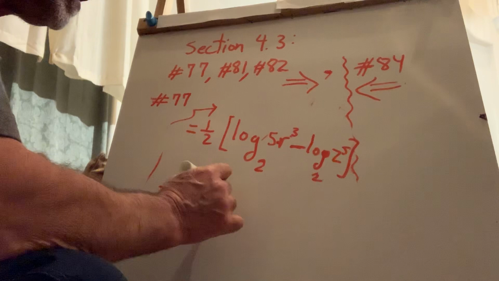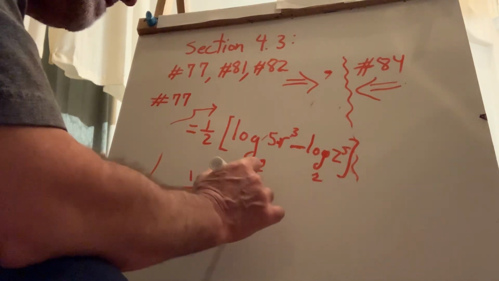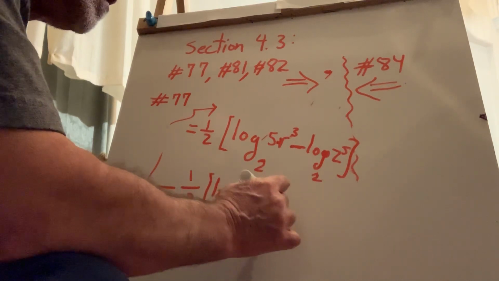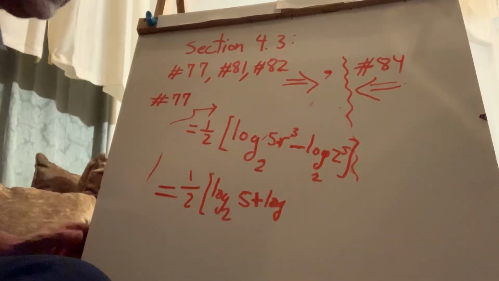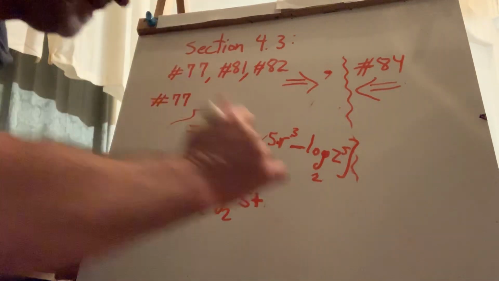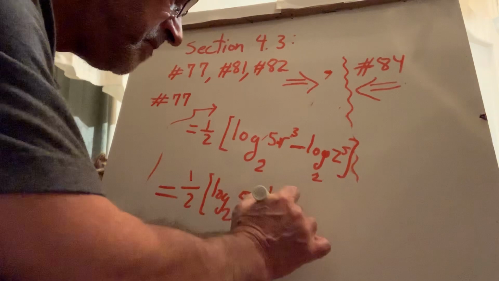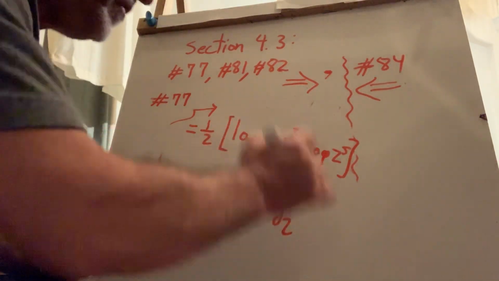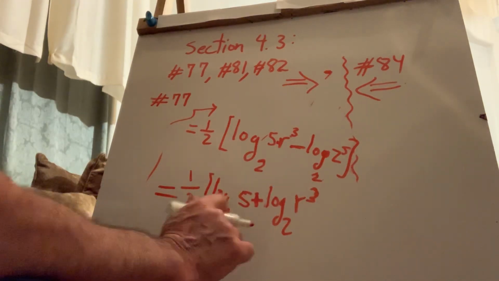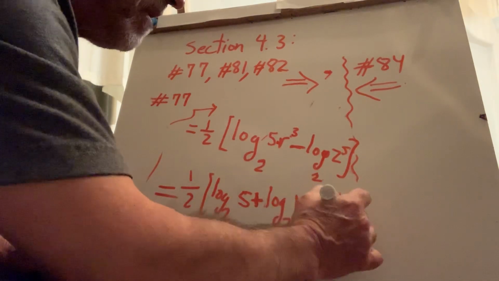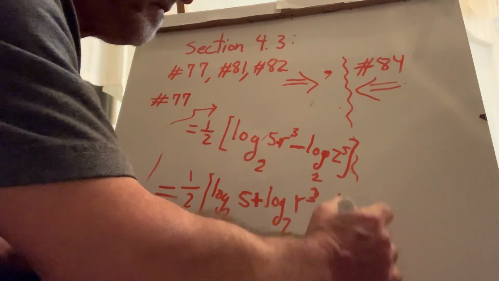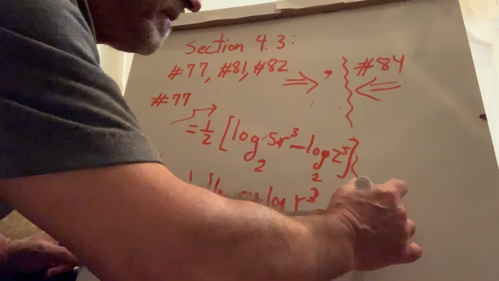So this will be log base 2 of 5 plus log base 2 of r cubed. And you still have the last term, minus log base 2 of z to the 5th.